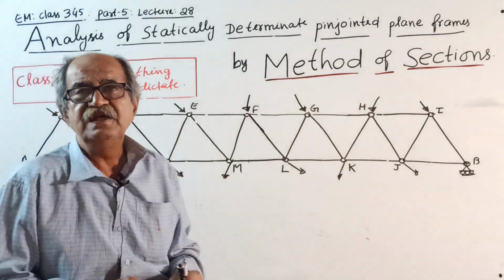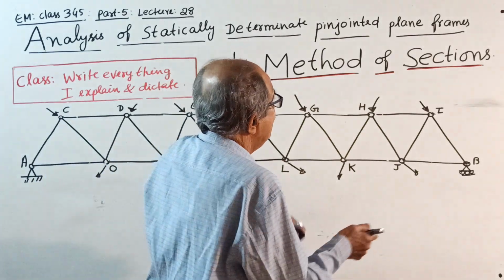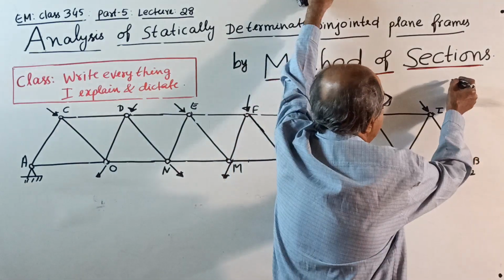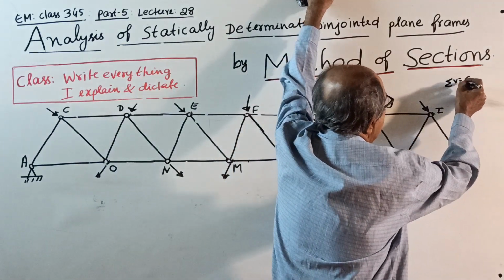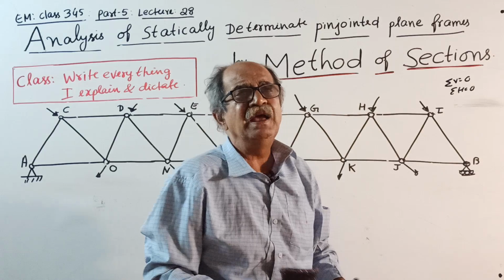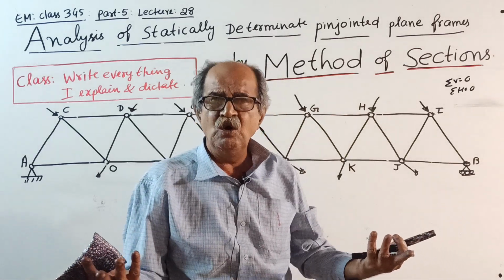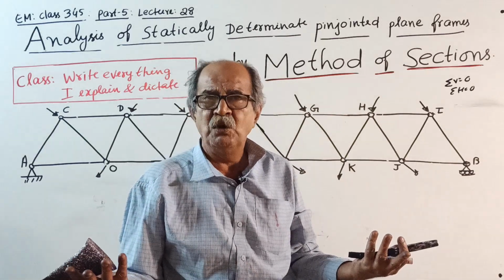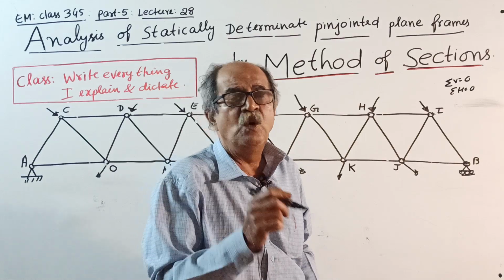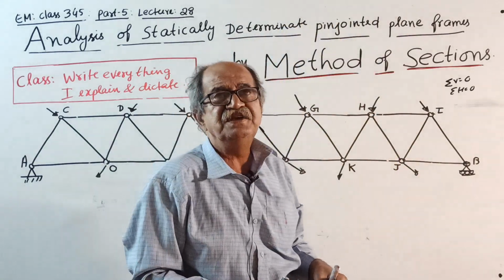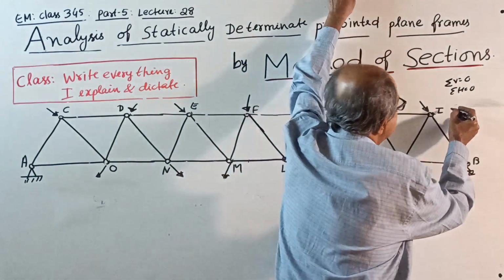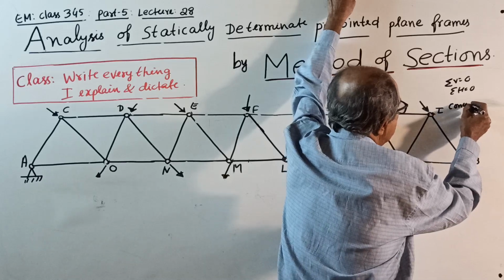Sorry, one thing forgotten. Then we apply the basic conditions of static equilibrium, namely sigma V equals 0 and sigma H equals 0. Some people call it sigma Fx equals 0, sigma Fy equals 0. No issues, both are the same. And make a note: since you are considering equilibrium of a joint, the force system is a concurrent force system.